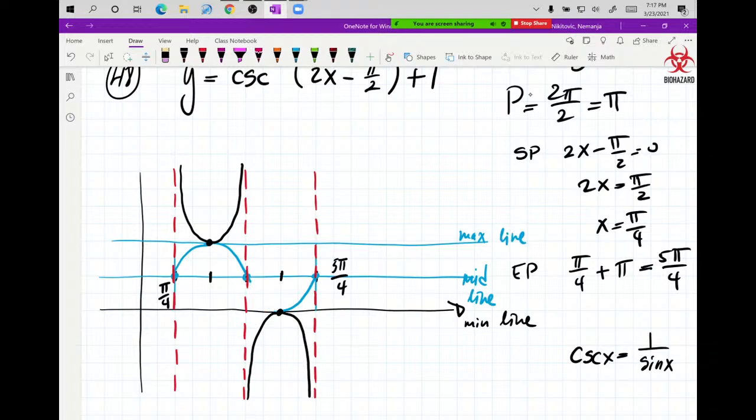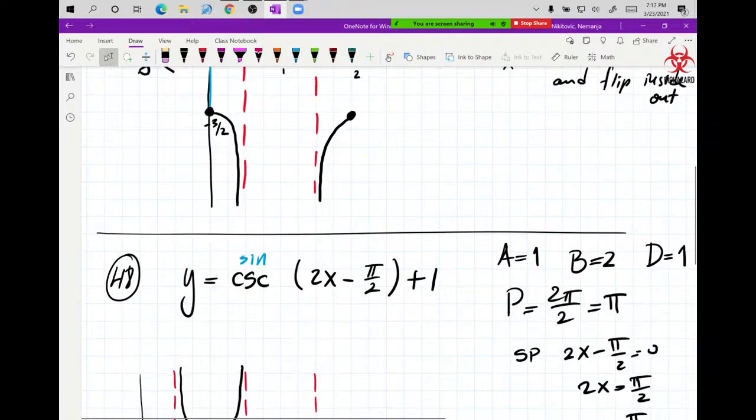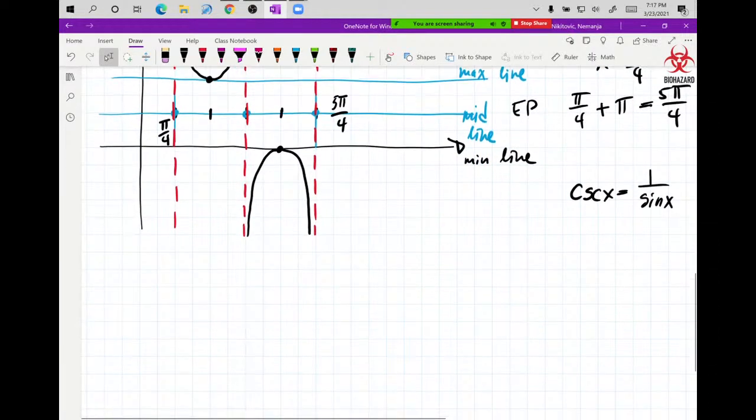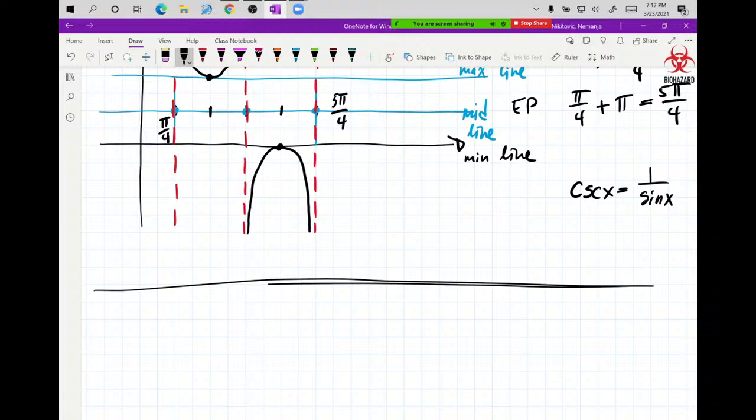The blue line is no longer needed because the blue line was our sine, and there we go. The black line is the cosecant. That's all it takes. Flip them inside out. And that's it. That's the secant and cosecant. So just more of sine and cosine graphs.